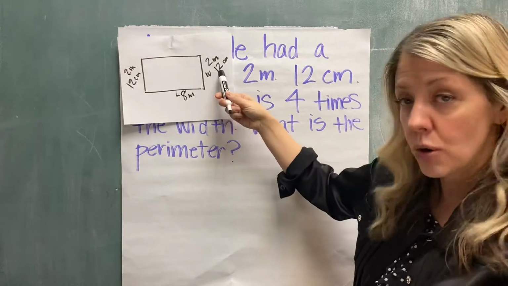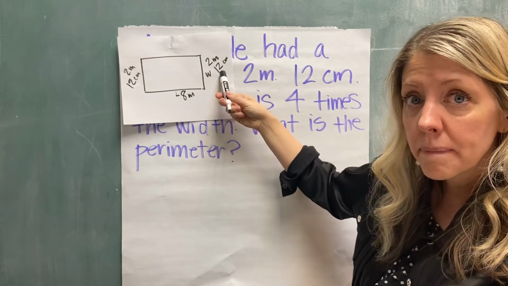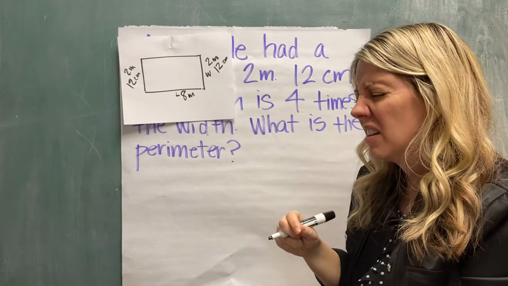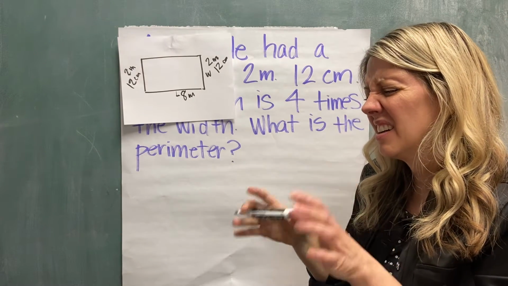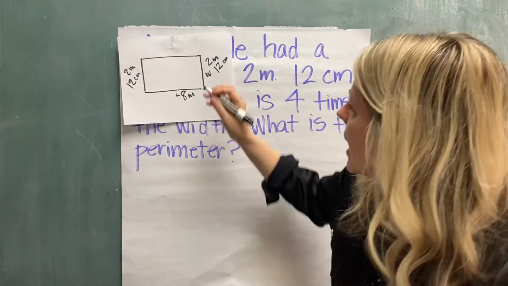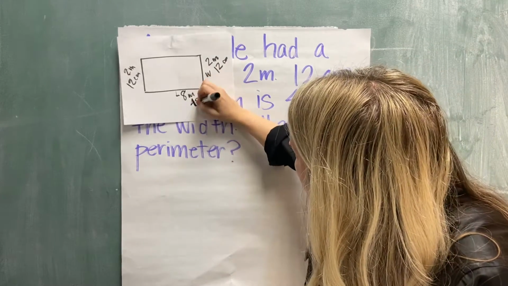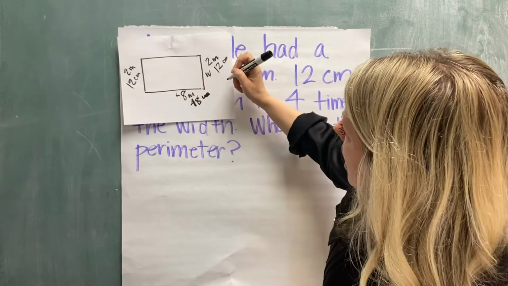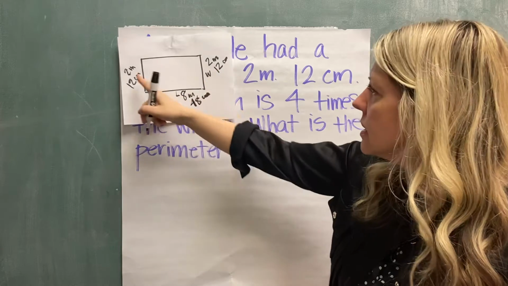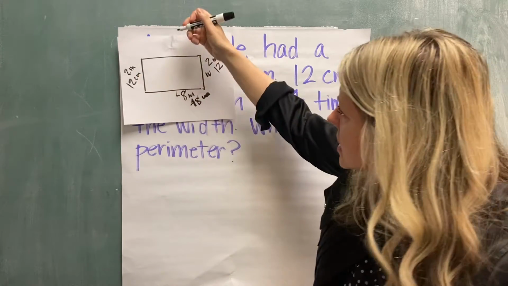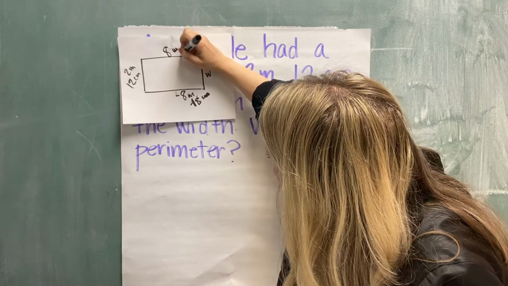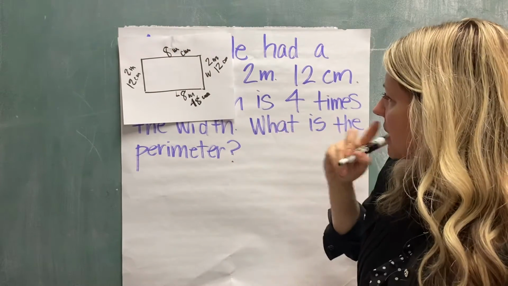And what if I take 12 and I multiply it by 4? Let's see. 40. 48. Okay. Now, if this and this are equal, then this and this are equal. Okay, whew. Am I done?